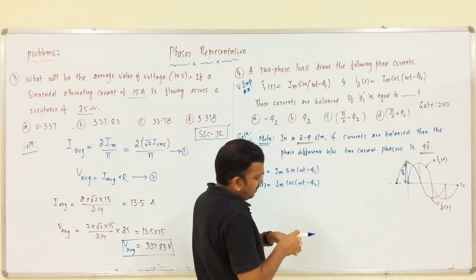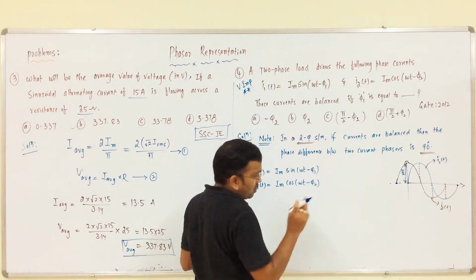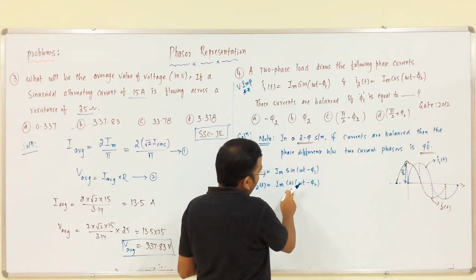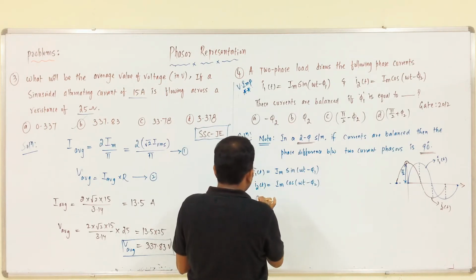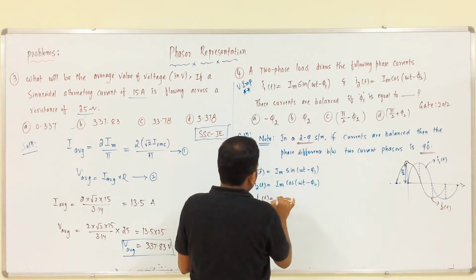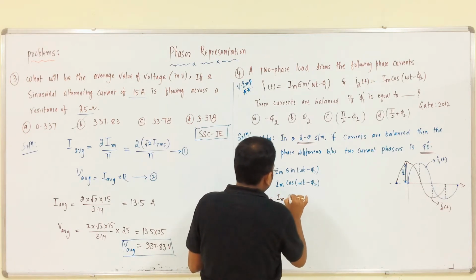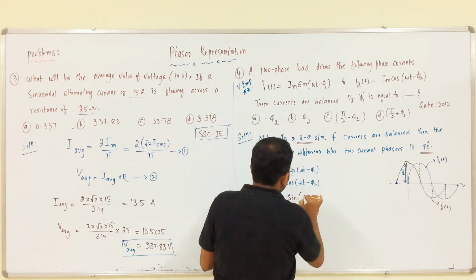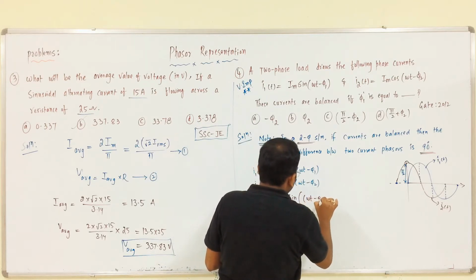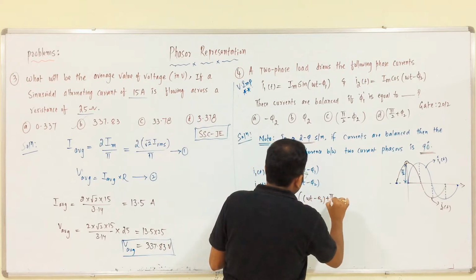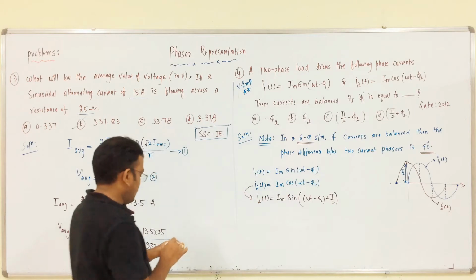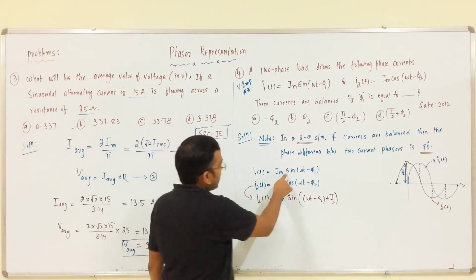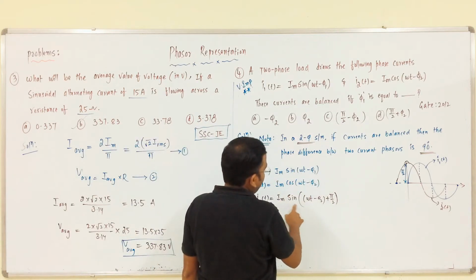In order to find out which one is leading, we have to transform this sine into cos or cos into sine. So I will choose I2 as I m sin omega t minus phi 2 plus pi by 2. Can I write it like this? Then I1 is I m sin omega t minus phi 1, and I2 is I m sin omega t minus phi 2 plus pi by 2.